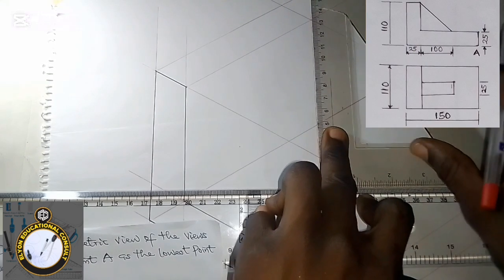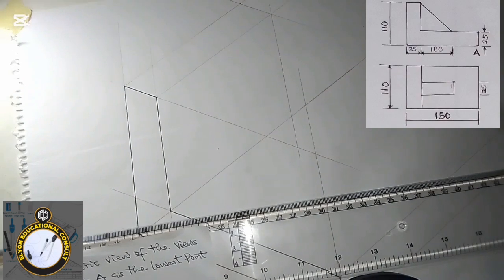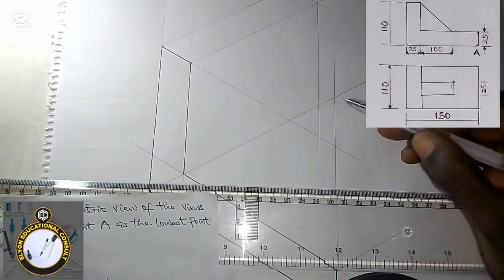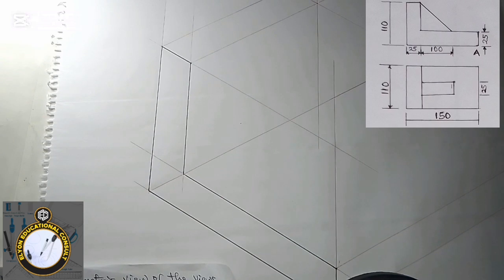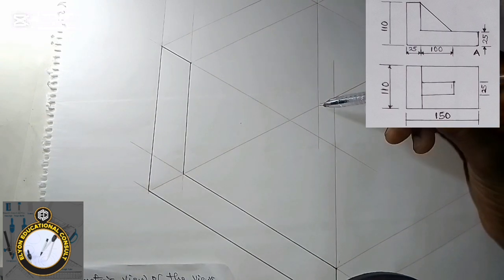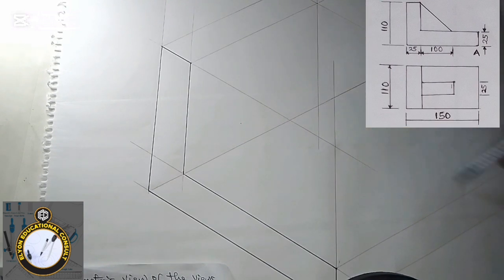Okay, I hope you can see that, which is intersecting with this line. Okay, so we have that. Then from here you can see where this line intersects with this. We are going to have another one which will come this way. Okay, so we can have that now.